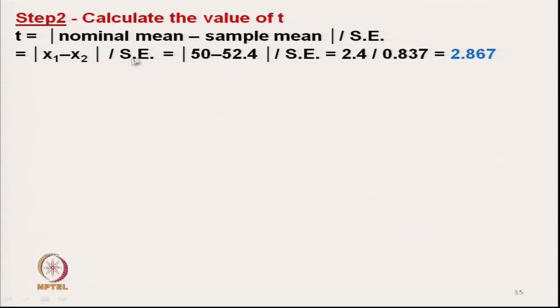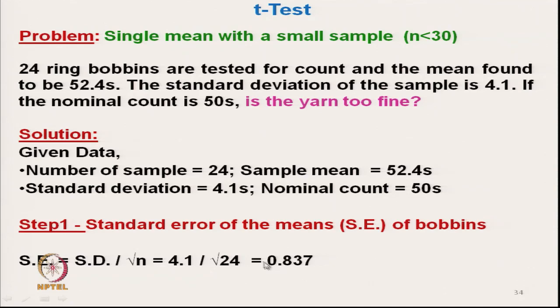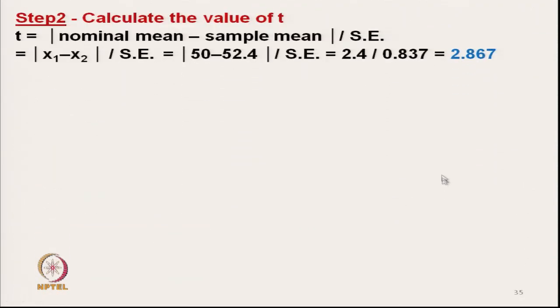So, it is 50 minus 52.4, that is 2.4, divided by the standard error we calculated in the last slide, 0.837. So, 2.867 is the T value.